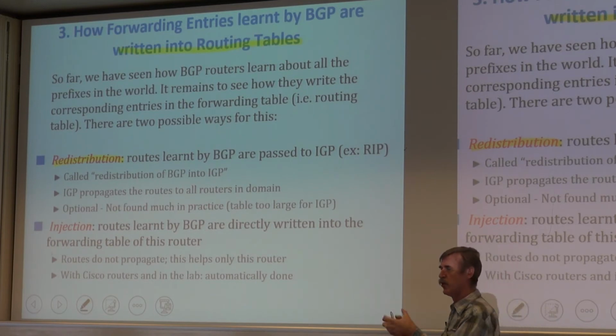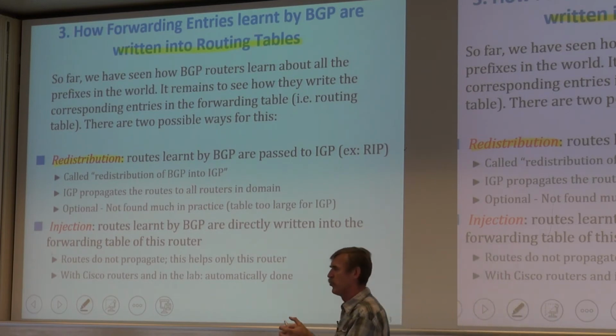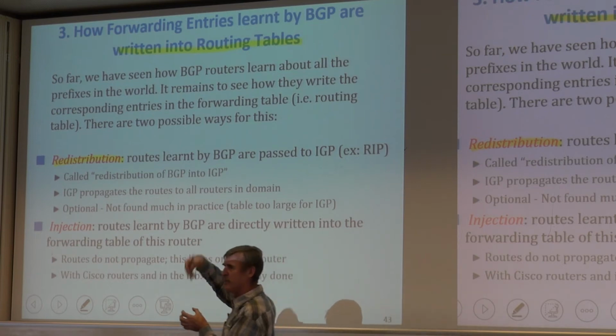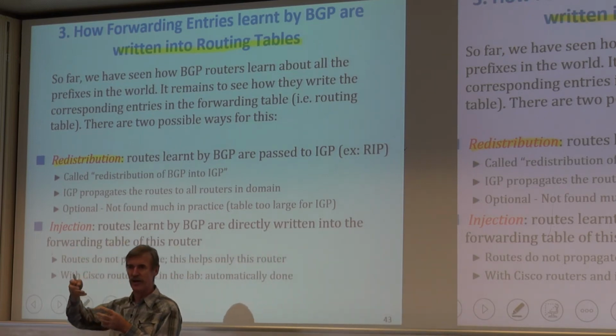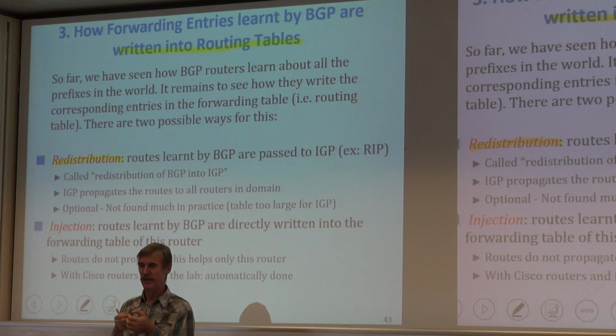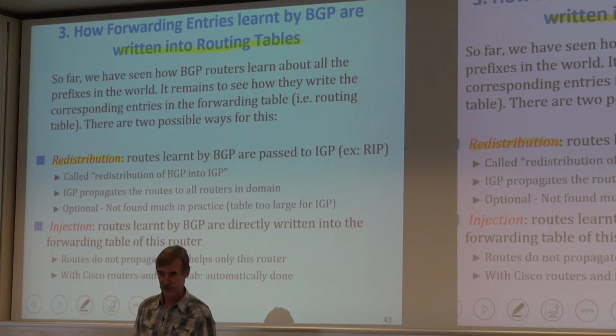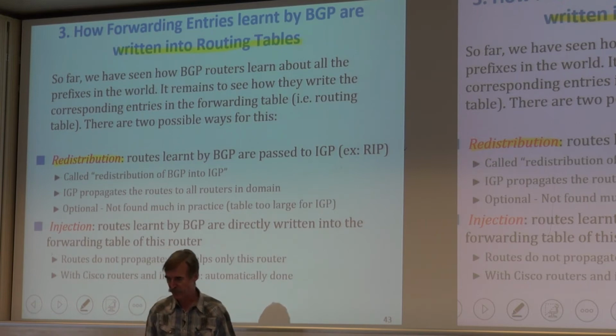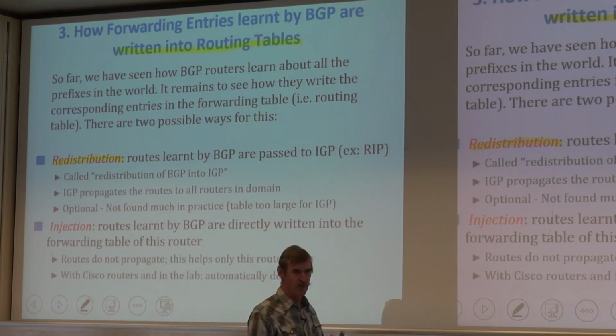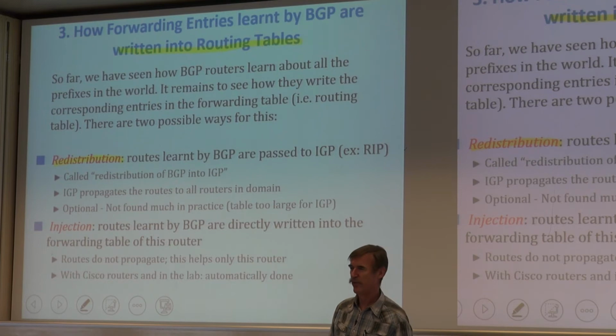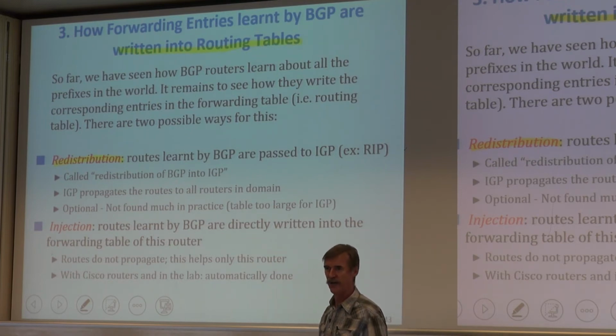So your BGP router in your local networks has learned about prefixes from the big outside world. Now the natural thing is to inform RIP of all those prefixes that exist, and then RIP will propagate them all over the network like its job is doing.